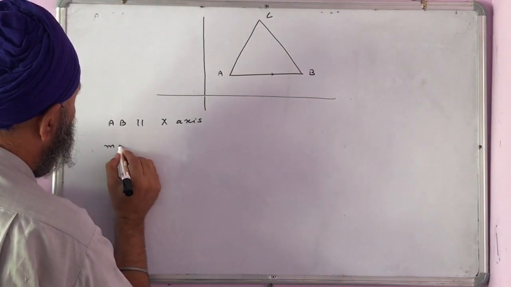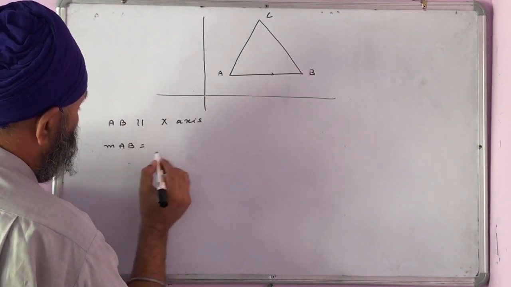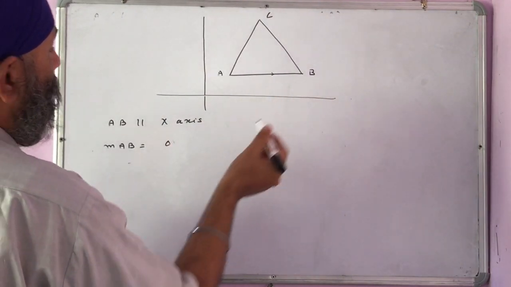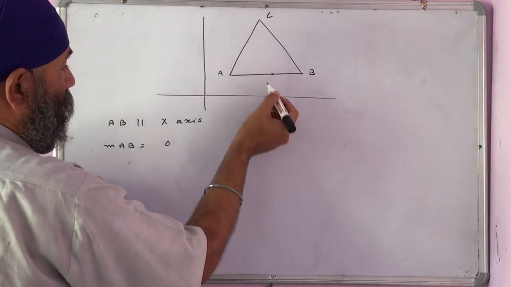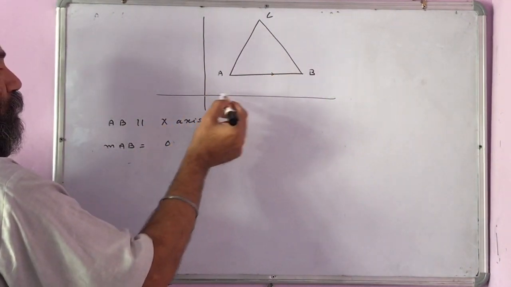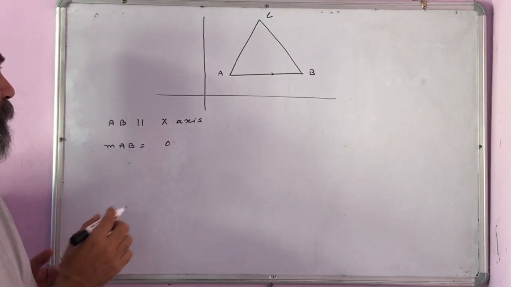So MAB is equal to 0. If a line is parallel to the x-axis, the slope will be 0. Remember it, if a line is parallel to the x-axis, its slope will be 0.